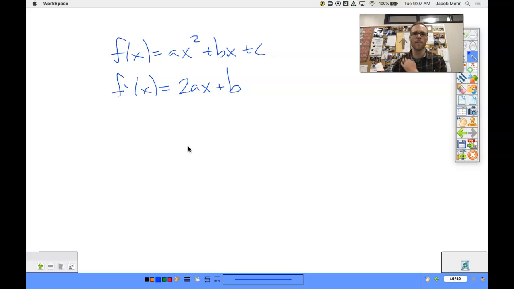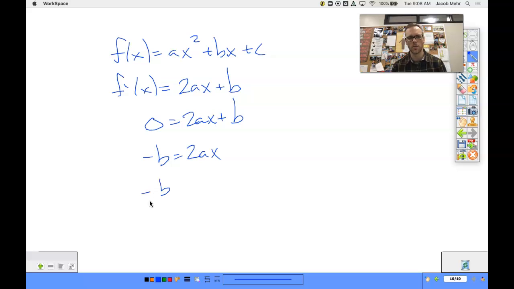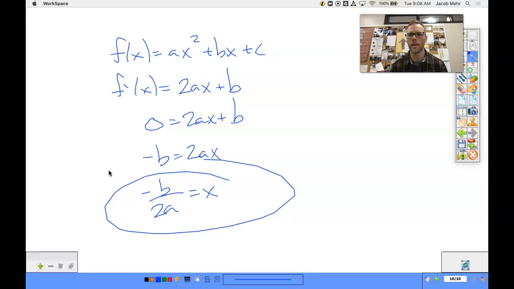And we know if it's going to have a minimum or maximum, it has to have a derivative equal to 0. Since it's differentiable everywhere, there's not that piece. And we get this equation. We'll solve it. Subtract b, divide by 2a. Look how easy that is. That's a much easier way to come up with our formula for finding the vertex of a quadratic. X equals negative b over 2a. If we just say, let's take the derivative and set it equal to 0.